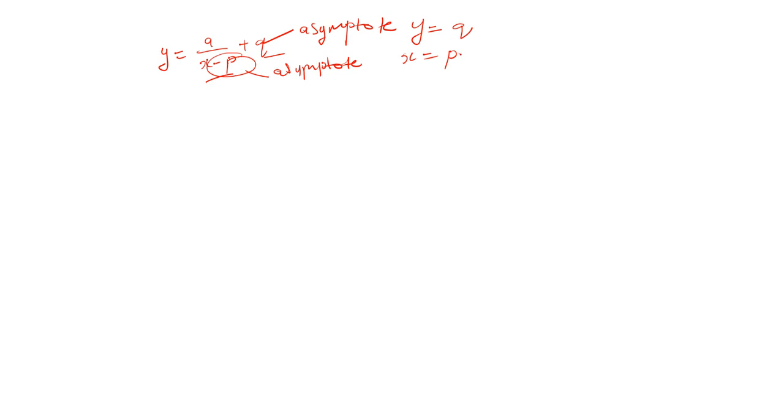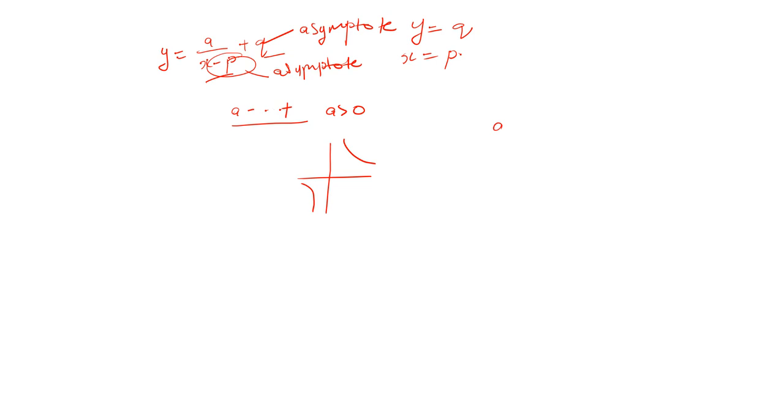So the value of a dictates in which quadrant the graph will be located. If a is positive, so to say a greater than 0, the graph will be in the first quadrant and the third quadrant.